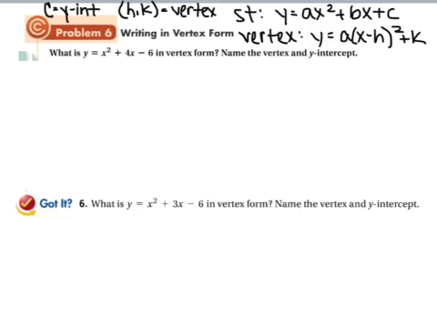So what is y equals x squared plus 4x minus 6 in vertex form? What we're going to do is take this and complete the square. So I'm going to take x squared plus 4x, and then move the 6 onto the right side. Because remember, when completing the square, we need ax squared plus bx equals the constant.